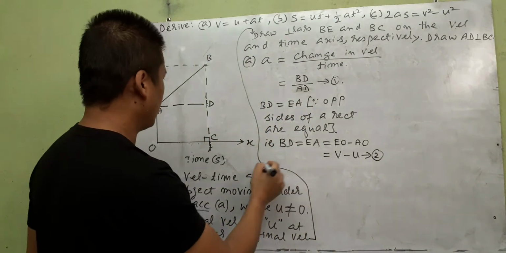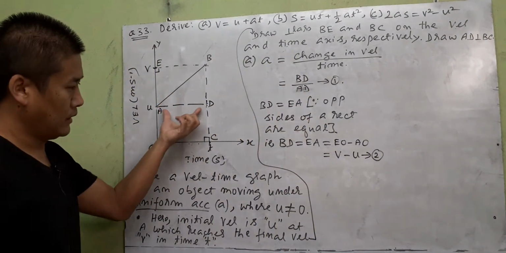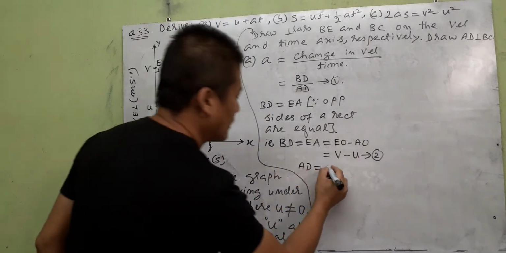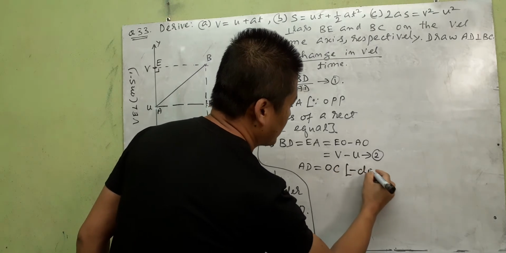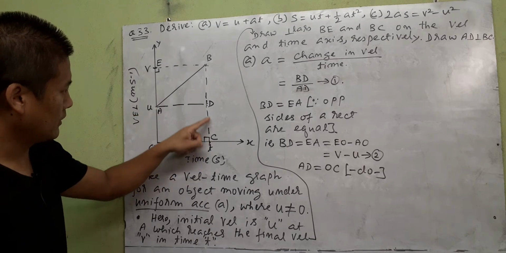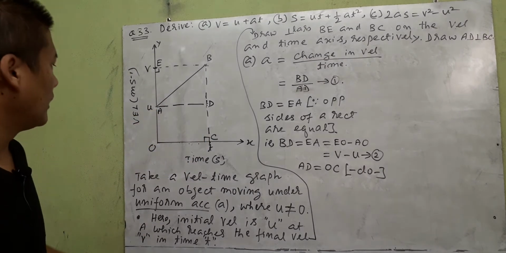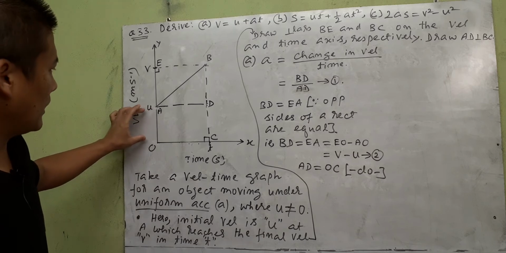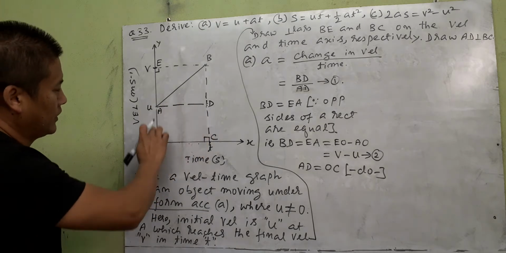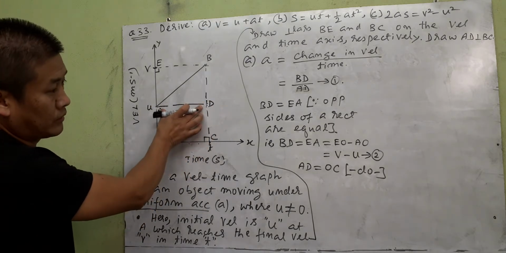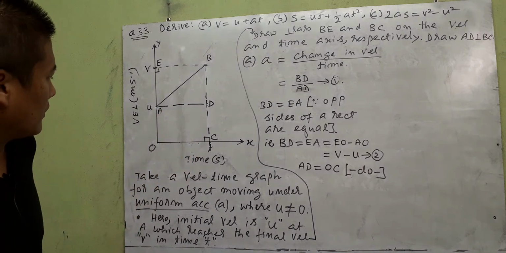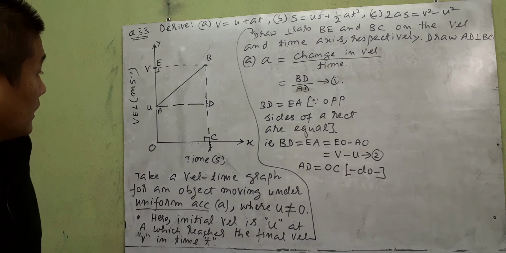Now again, we also know that AD is equal to OC, because of the same reason, opposite sides of the rectangle. This time, this rectangle here, AD equal to OC.